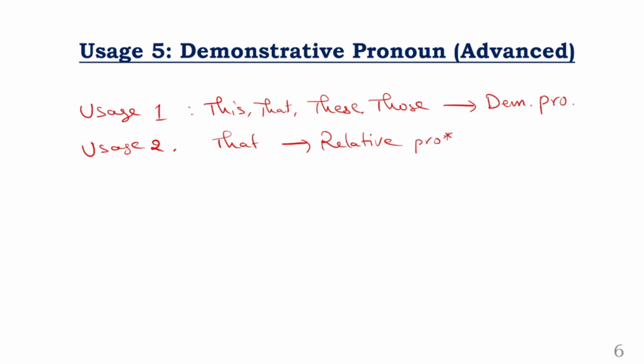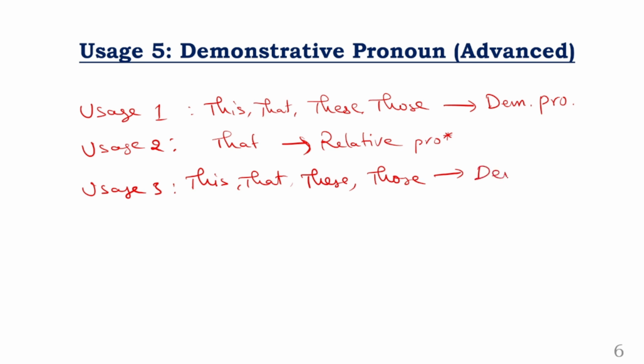It is based on the words that are preceding by it. Certain list, I gave a list of the word all. Next, usage number 3. The words this, that, these, and those. These words are used to function as demonstrative adjectives.